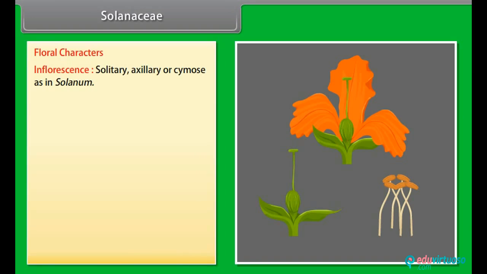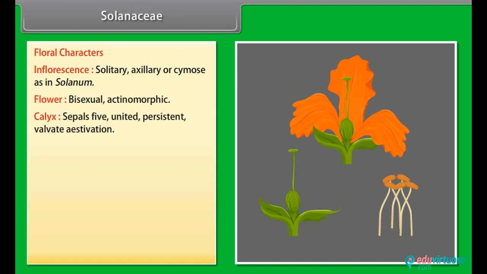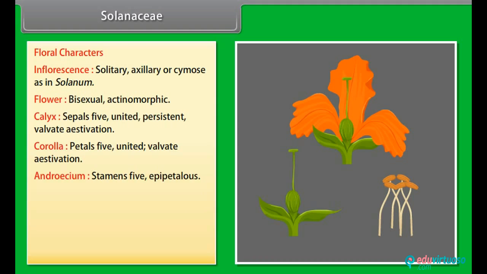Inflorescence, solitary, axillary or cymose as in Solanum. Flower, bisexual, actinomorphic. Calyx, sepals 5, united, persistent, valvate aestivation. Corolla, petals 5, united, valvate aestivation. Androecium, stamens 5, epipetalous.